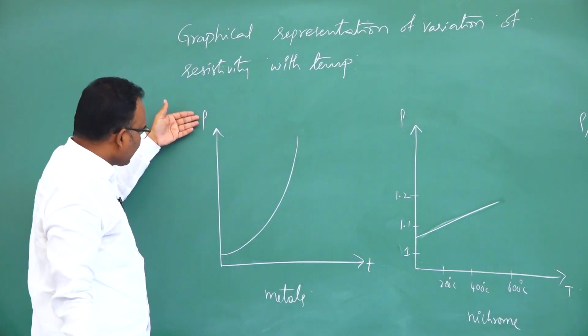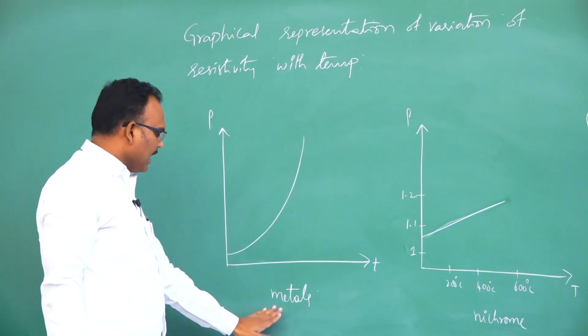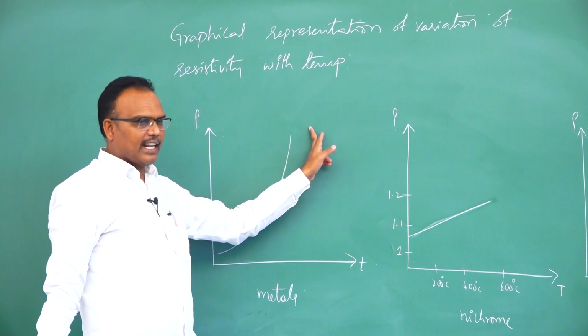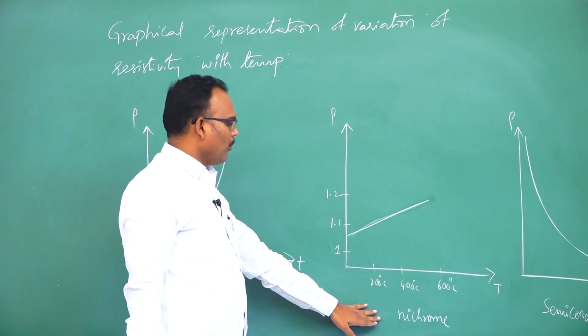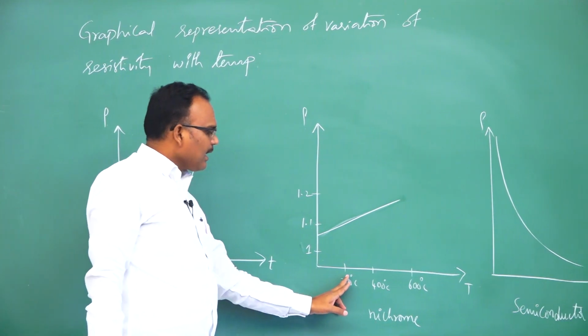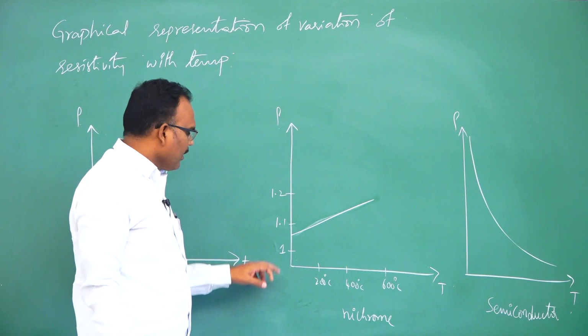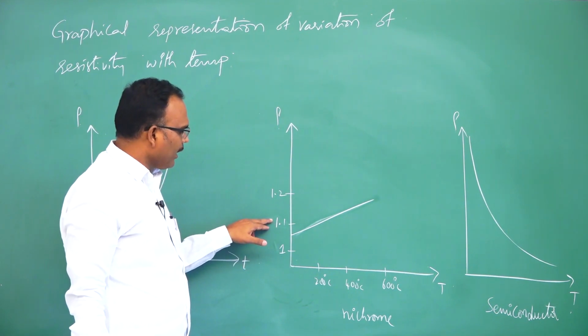So if we take resistivity on the y-axis and temperature on the x-axis, in case of metals, if temperature increases, resistivity also increases. In case of alloys, nichrome, see here the change in temperature is so large, 200, 400, 600, but resistivity is changing only from 1 to 1.1.